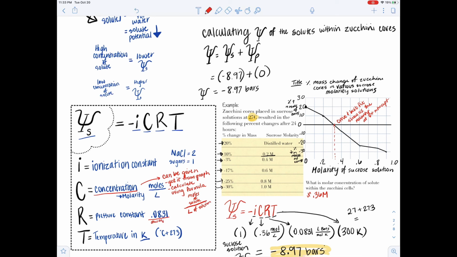Your pressure constant is a constant, so it's 0.0831.